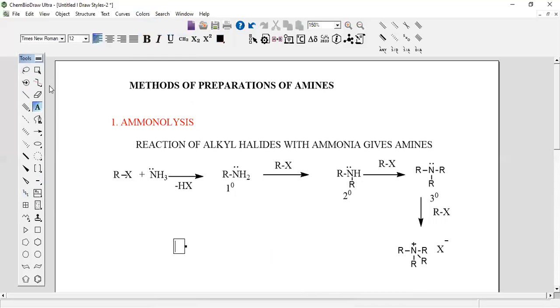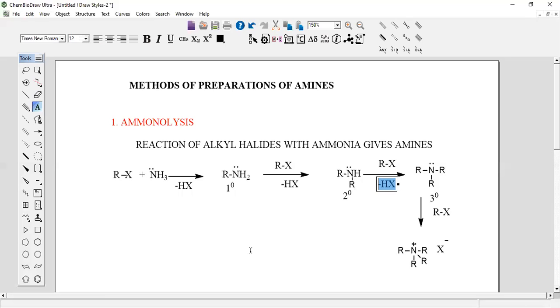In this way, a mixture of products is formed, not a single molecule. We get primary, secondary, and tertiary amines.